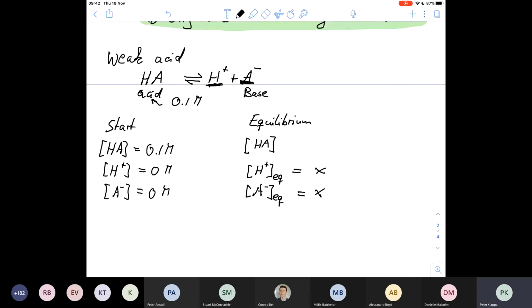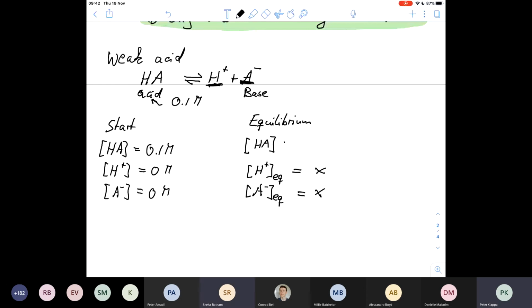How much of the HA do we have at the equilibrium? Do we still have 0? Is it very small? It's a good answer, but it's not the right one. Absolutely right.